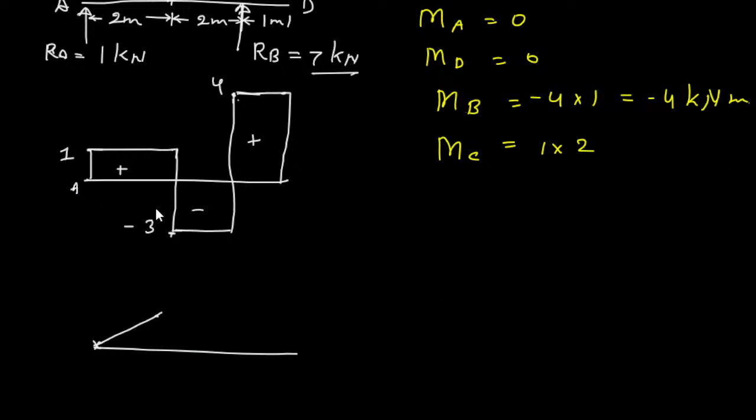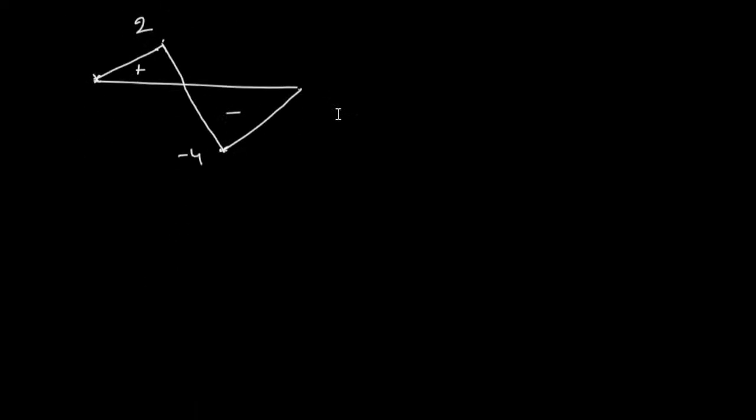So this is point A, this is point B, this is point C, and this is point D. So at point B, I have a negative moment of minus 4. So that point will be somewhere here. So we will join like this. Here this peak value is moment at C, which is 2. Here this peak value is minus 4. And then I will close this. Okay. So this is plus and this is minus. This is my bending moment diagram for this particular problem.